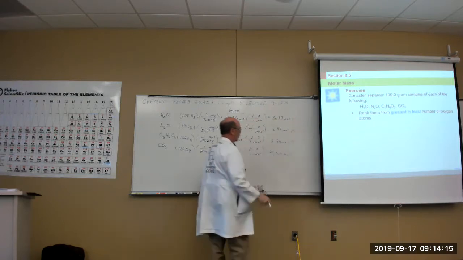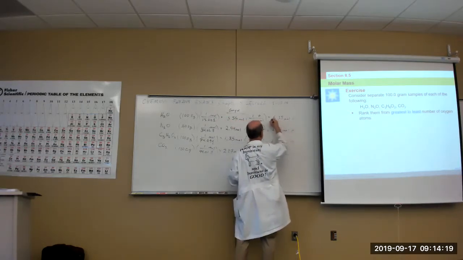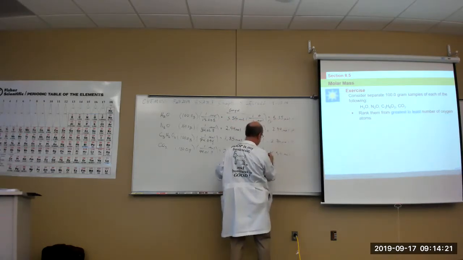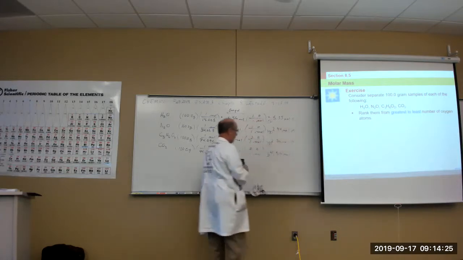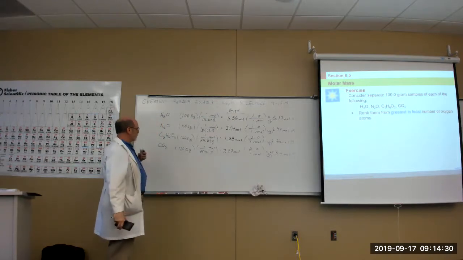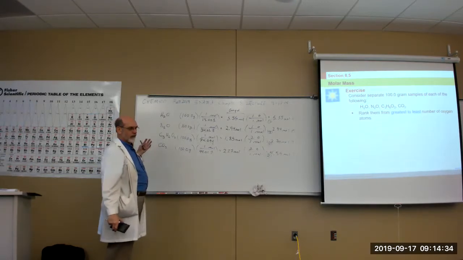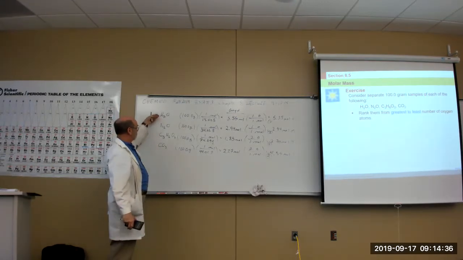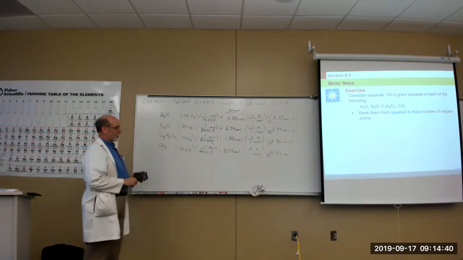So now we can put them in order. So this is number 1. This is number 2. This is number 3. This is number 4. So the one with the most oxygens per molecule, either one of these, is not the one with the most per 100 grams. It's one of these. And it's only logical.